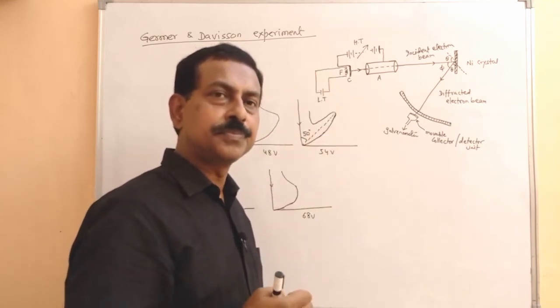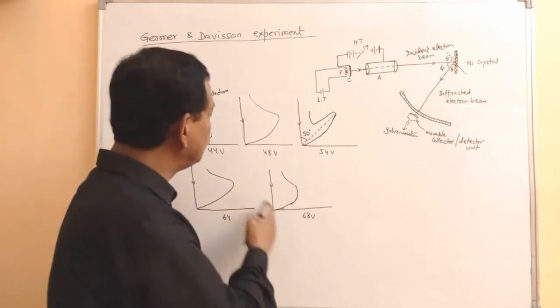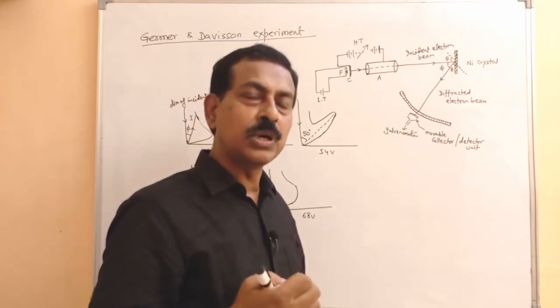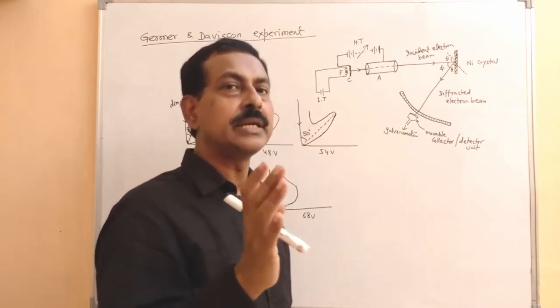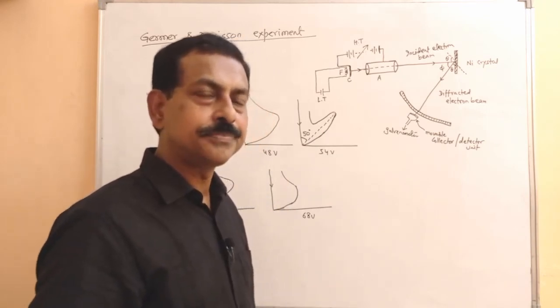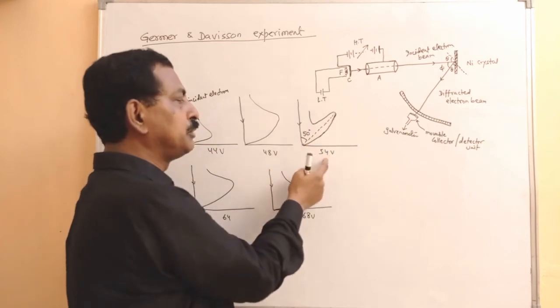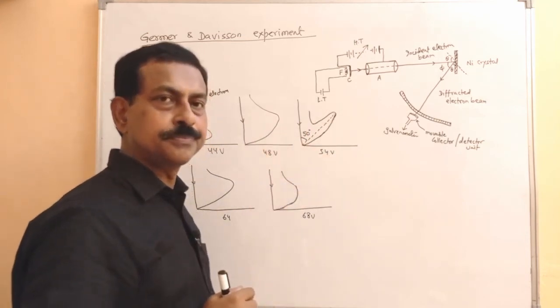We have of course shown some representative voltage. It is observed for the 44 to 68 volt range, because there only we find the appreciable change in the intensity pattern. So we find it having a max sharp peak at 54 volt, and the scattering angle is your 50 degree.